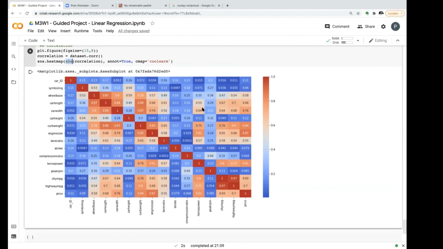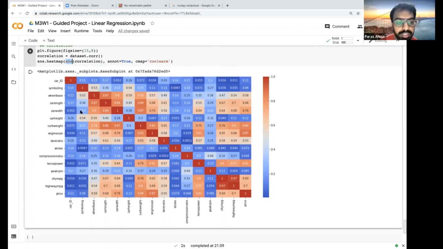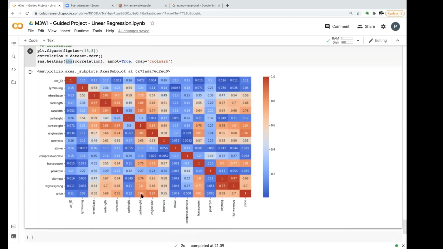Car length and curb weight, I guess. 0.88. Car length and weight. We are focusing on only the last row, price, so it will be car height, curb weight, engine size, peak RPM, city mileage and highway mileage.